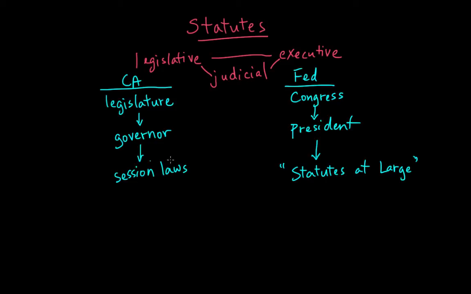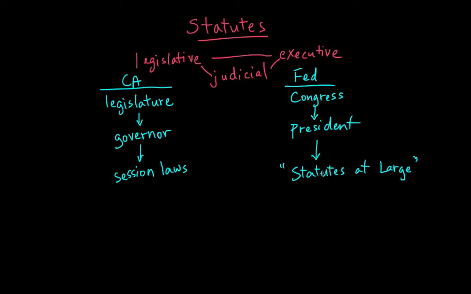Now, remember I said that they're all published in chronological order. So of course it's very hard to look up any statutes because, being published in chronological order, unless you know the specific date that a certain law was enacted and then published in the session laws or in statutes at large, you'll have a really hard time finding them.